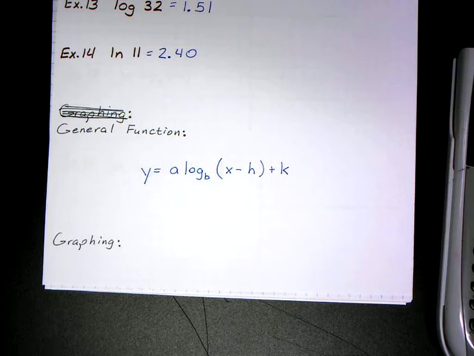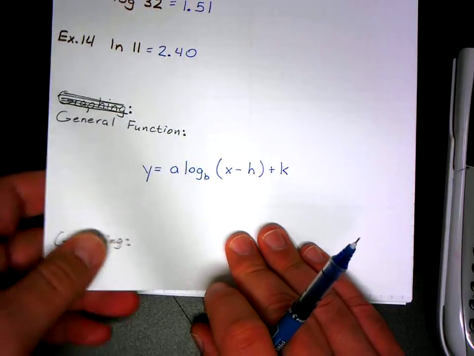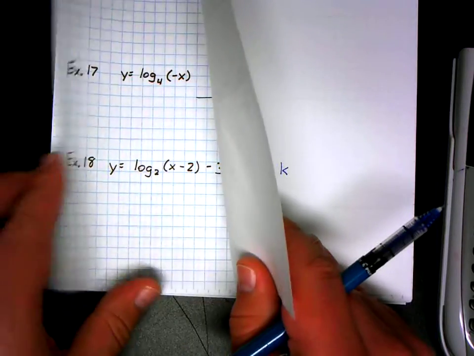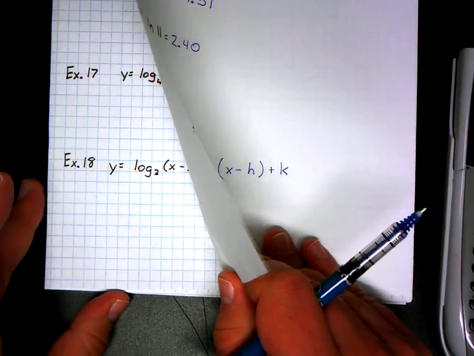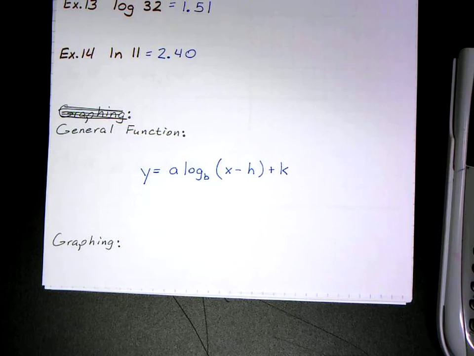They never go away. When we get to second semester and we're graphing trig functions, we still use A, H, and K. So basically we have graphing to do, and then we're done.